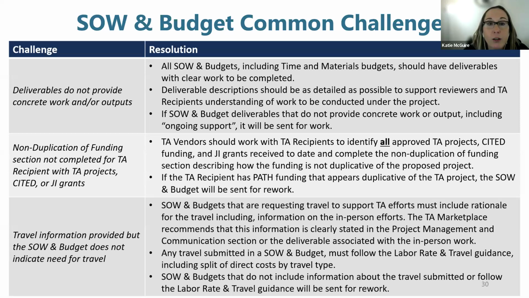This does need to be completed, looking at how the projects are different, how they're complementary or supplementary, any connection, and ensuring that the areas are different and they do not overlap and are non-duplicative. If this is not clear or not provided, then it will be sent back for rework. And just so it's known, this also includes TA projects that have been either completed or are active in process with other vendors. This should be a part of the conversation that you have with the recipient when developing the SOW.